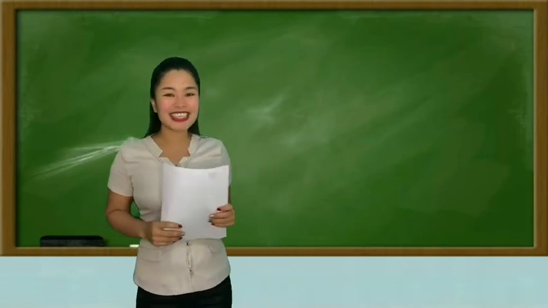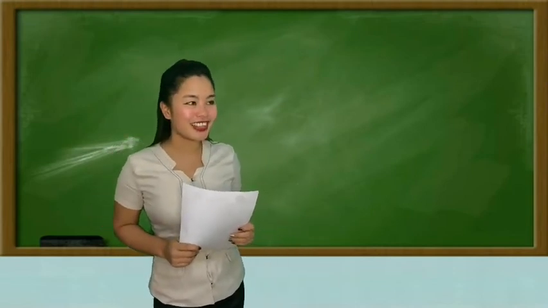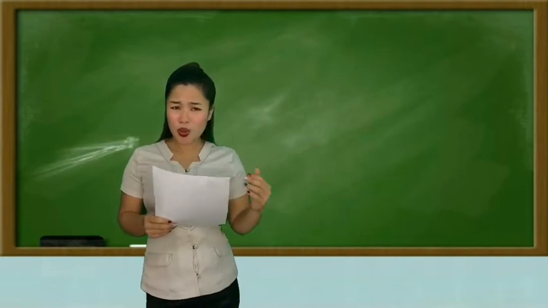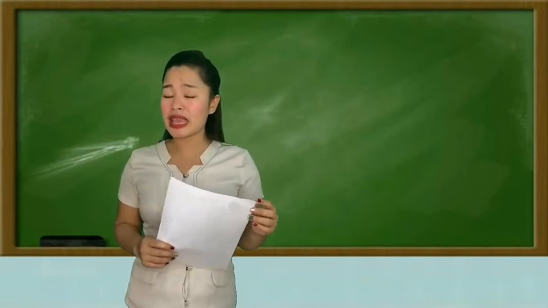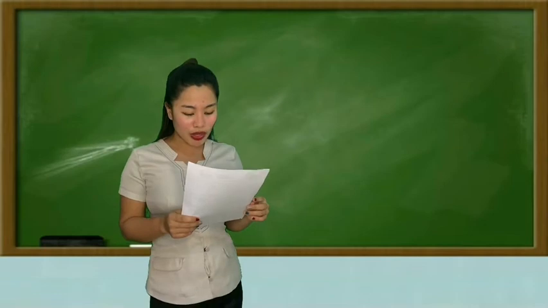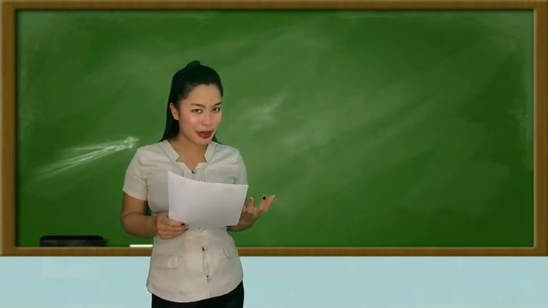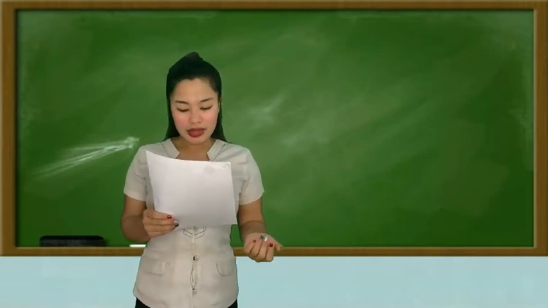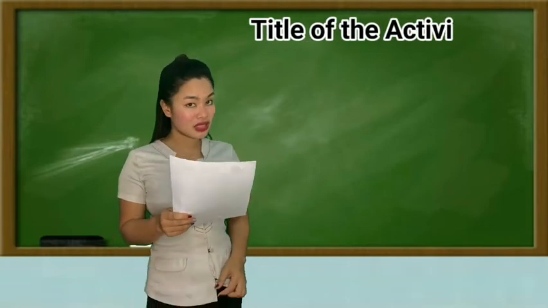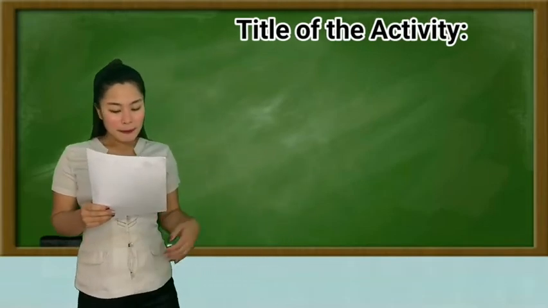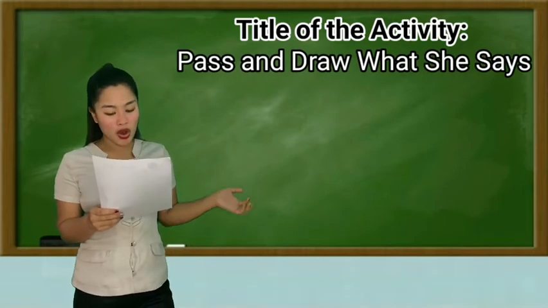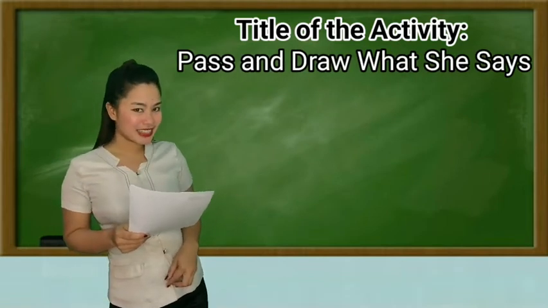Are you all excited? Do you like a story? Okay. So what you will need to do in this activity is you are going to draw everything I say. Based on the story, the title of this activity, by the way, is Pass and Draw What She Says.